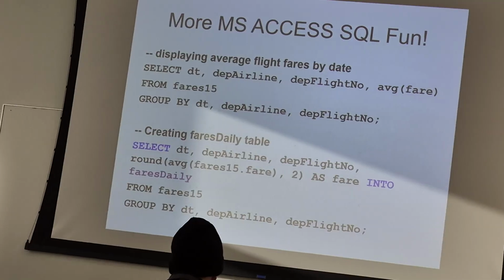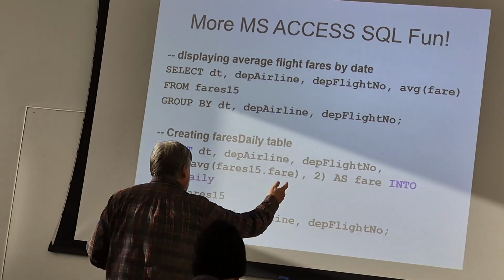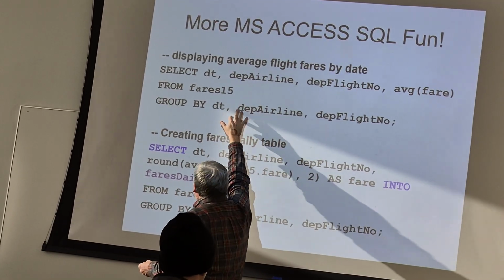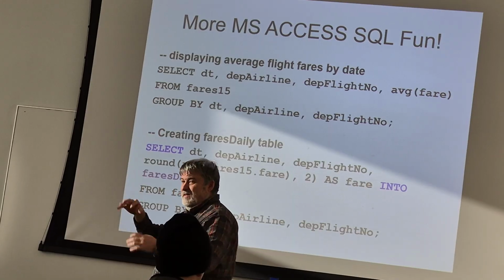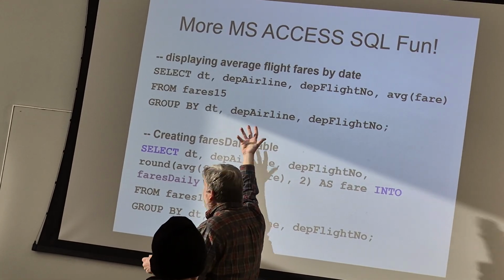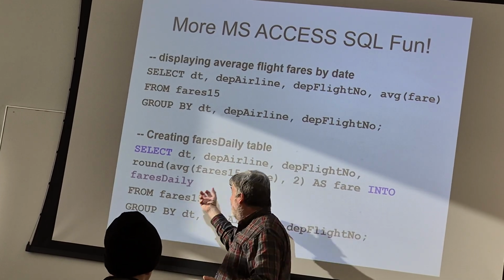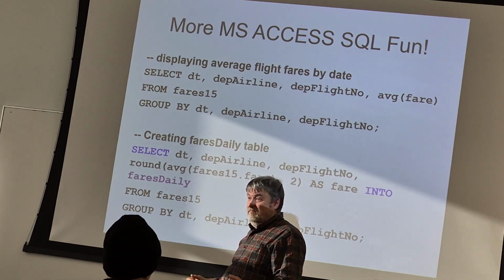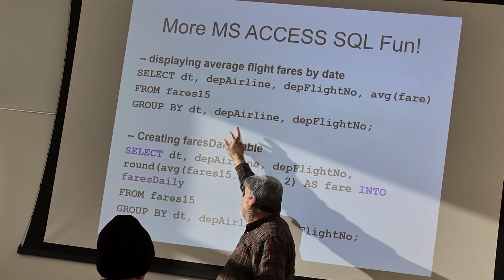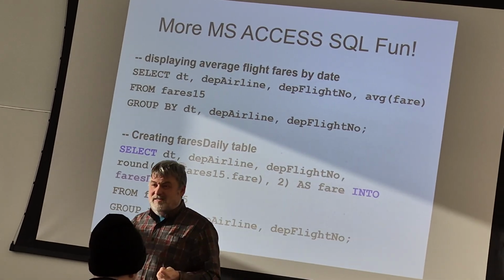Yeah, I decided that I didn't like that some of the fares had 6 or 7 decimals in them in this table. But generally, I play with a query and see the results and then change the SQL and then see those results and then keep on changing it until I like what the final result table is, and then I create a new table out of those results, because this is always a temporary table which disappears as soon as I change the query.